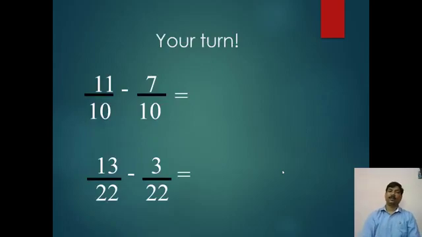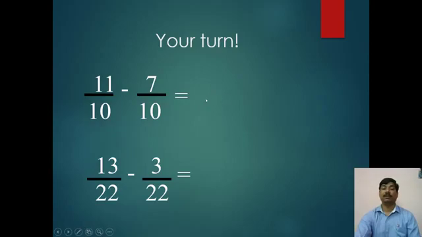Now try yourself. For example, let's discuss this problem. In this problem, 7 upon 10 is being subtracted from 11 upon 10. So what will we do here? The fractions are like fractions. To get the numerator of the resulting fraction, we will directly subtract the numerator of the second fraction from 11. So the difference here is 4.